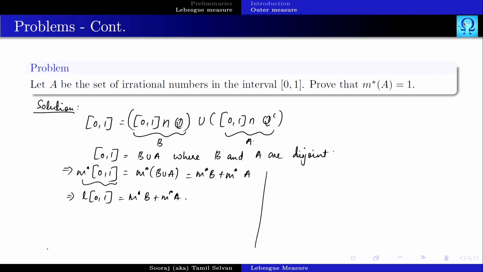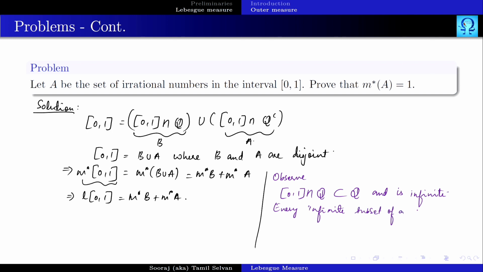Here we have to observe one thing. Observe that [0, 1] intersection Q is a subset of Q and is infinite. This is an infinite set. Every infinite subset of a countable set is countable.